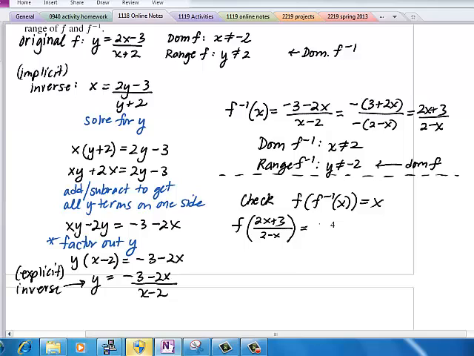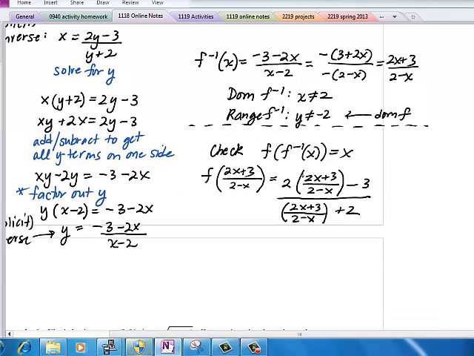So we use the structure for f and put this input where each x was. So that's going to be 2 times this group, minus 3, over this group, plus 2. It's a mess, but it's a complex fraction we can clear up.